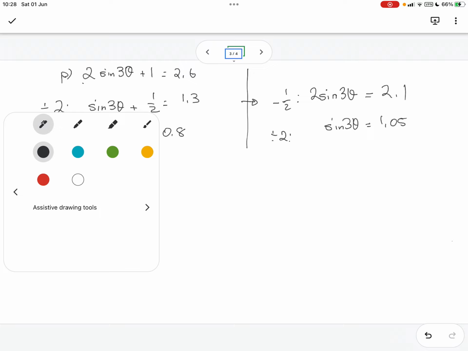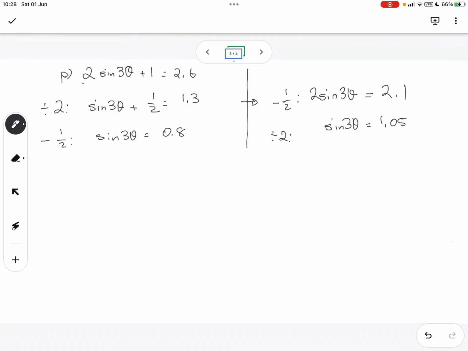Okay, this is interesting. I want to see what we'll get for theta going forward. Anyway, 3 theta equals the arc sine of 0.8. But this thing is not sitting well with me because how am I getting 3?